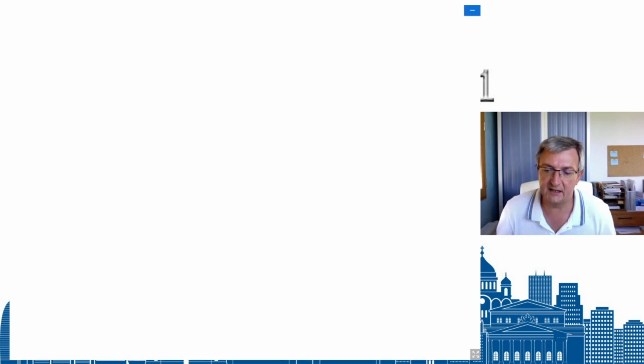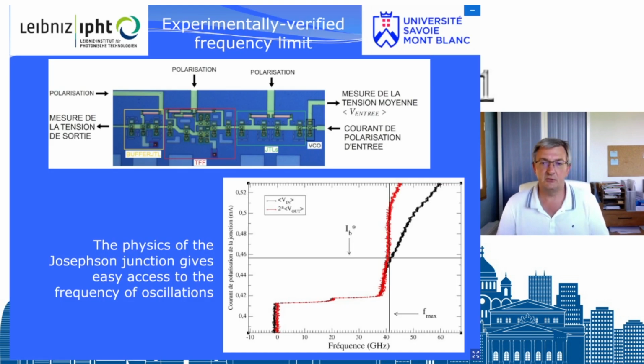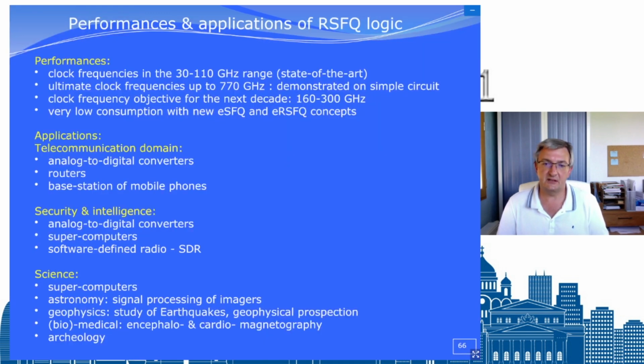All these cells have been designed and they work. They can be used to make all kinds of circuits. We measure the maximum frequency, typically 40 gigahertz of clock for this simple circuit. So it works reasonably with the technology.